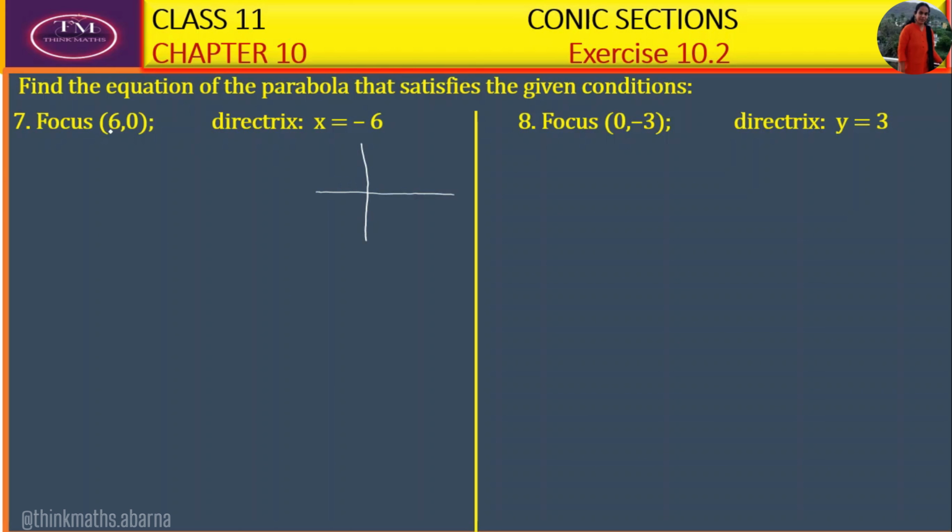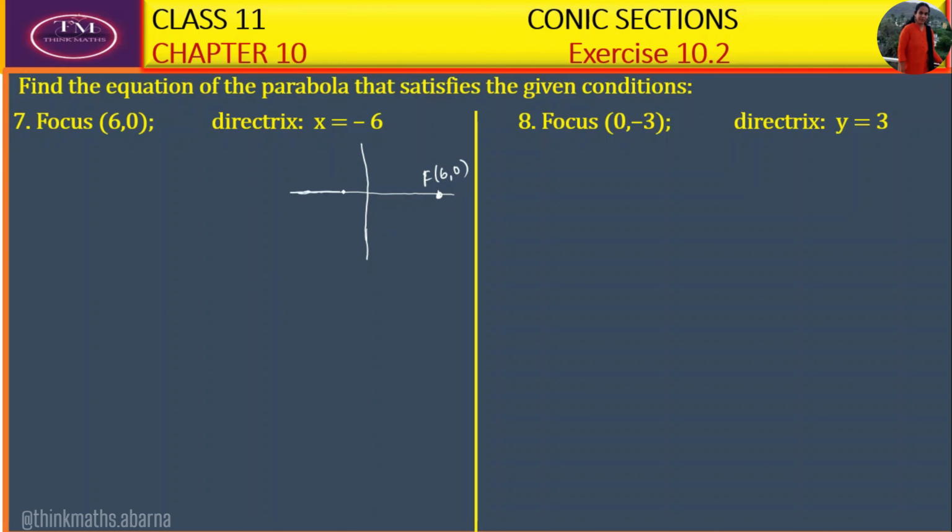So, the focus is 6 comma 0. So, this is the point 6, 0. So, y coordinate is 0 means the point will be on the x-axis. The focus will be 6 comma 0 here. Where is the directrix? Directrix is on the negative side. So, this side.